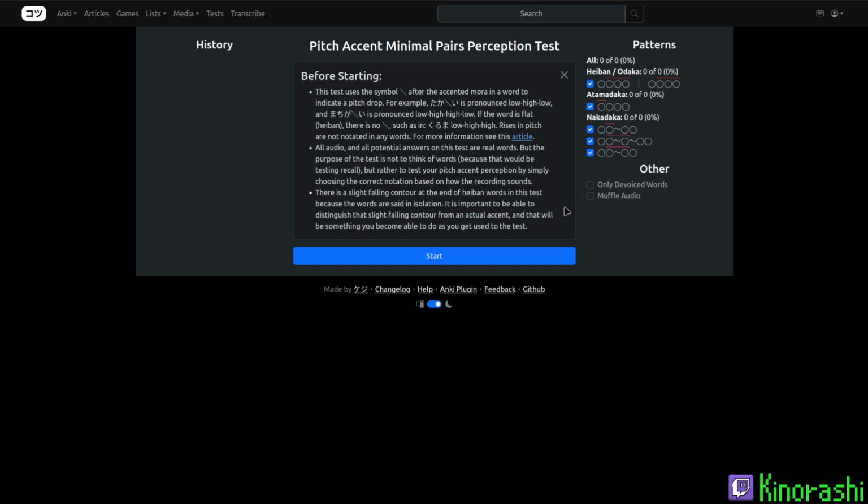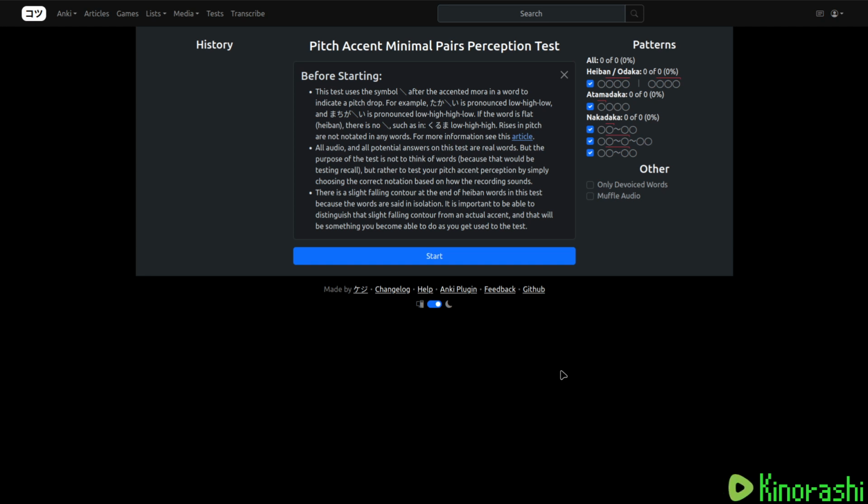So maybe these instructions will make a little more sense now. This test uses the symbol after the accent mora in a word to indicate a pitch drop. For example, takai is pronounced low, high, low, and machikai is pronounced low, high, high, low.